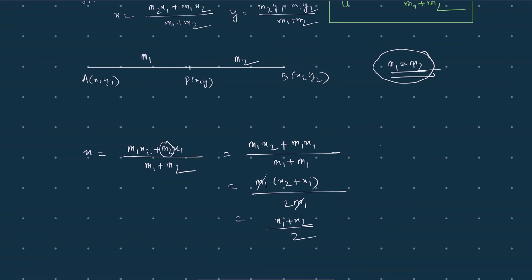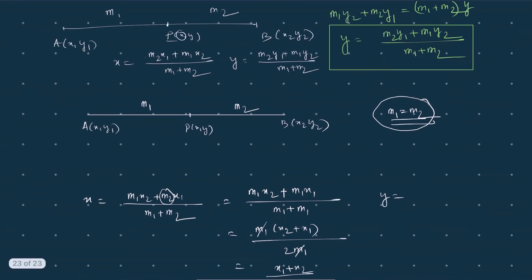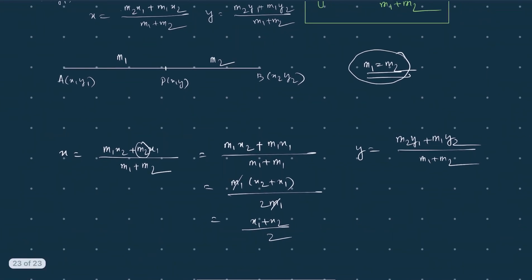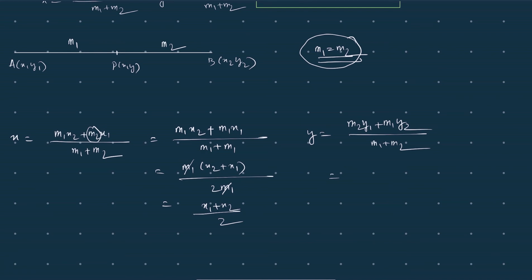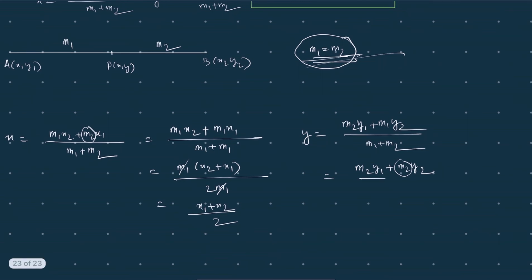Okay. Similarly, y is equal to, you can see this formula, m2 y1 plus m1 y2 by m1 plus m2. Since m1 and m2 are equal, I'm going to replace this m2 by m1 or m1 by m2. Either way, it is not a problem. So m2 y1 plus m2 y2, because m1 is equal to m2, so I can write m2 instead of m1, by m2 plus m2.